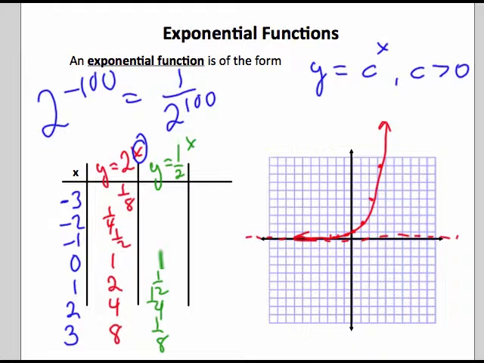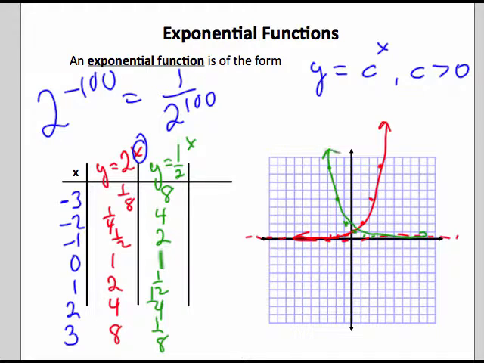A half to the negative 1 reciprocates the base, so that's 2. Half to the negative 2 is 4, and half to the negative 3 is 8. And if we plot those points, you'll notice, both from the graph and the table, that the points are a reflection of one another across the y-axis.